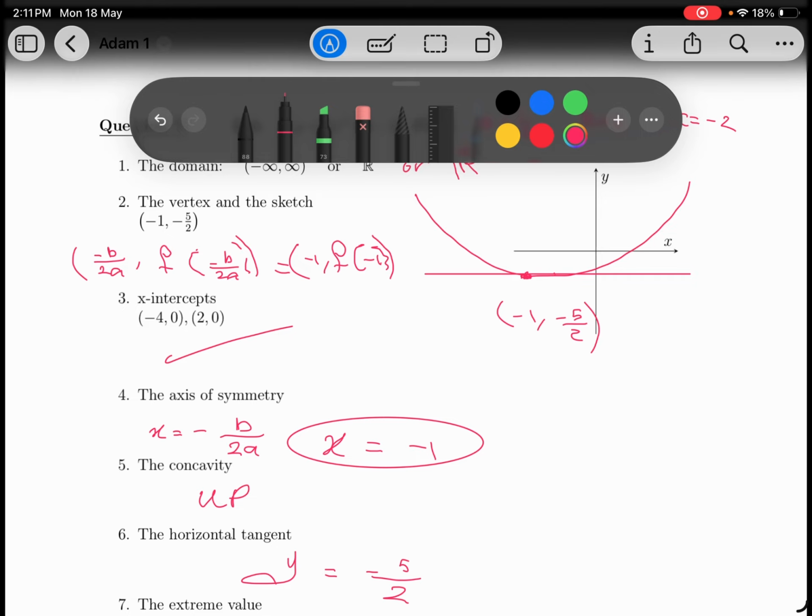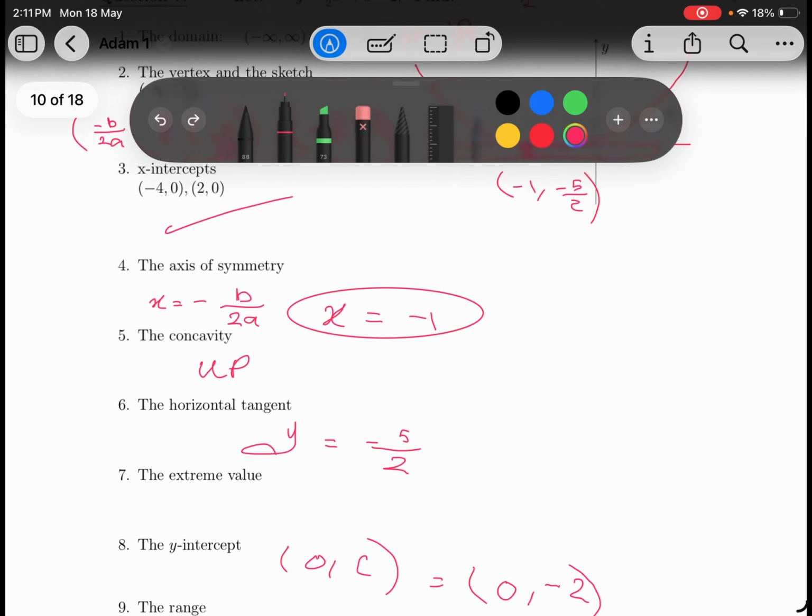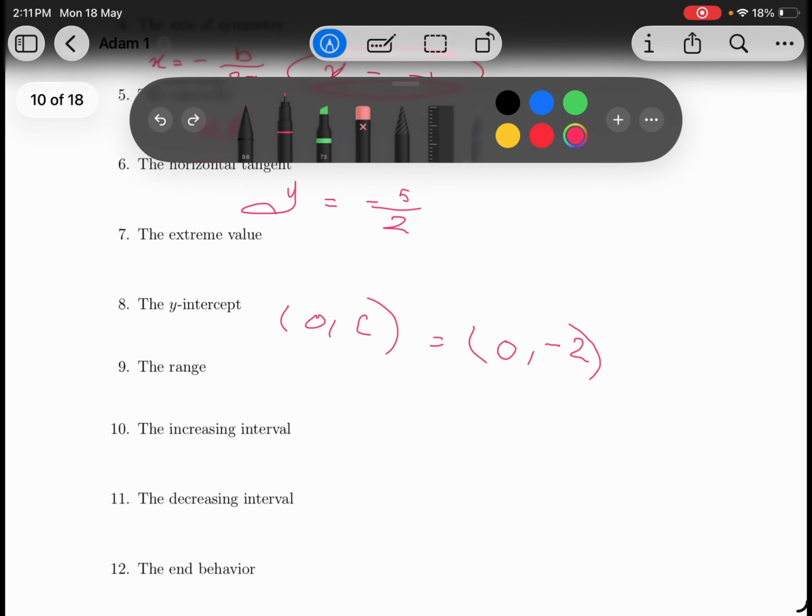So you know that the lowest point here is minus 5 over 2, and whatever is more than this is the range. And what is the range here? Minus 5 over 2 to infinity. This is open and this is closed indeed. So the range is the minimum value and whatever more. Okay.